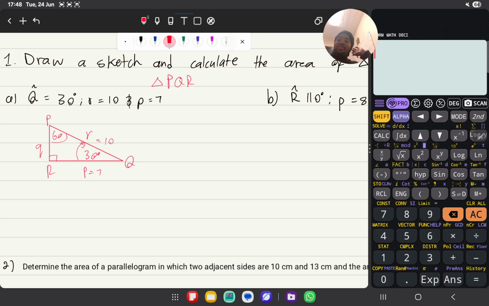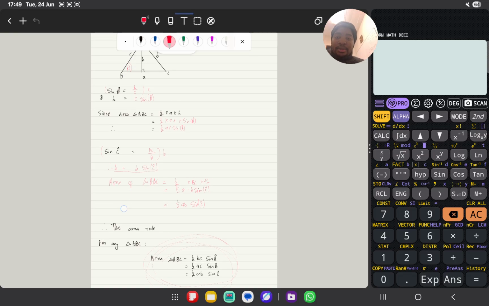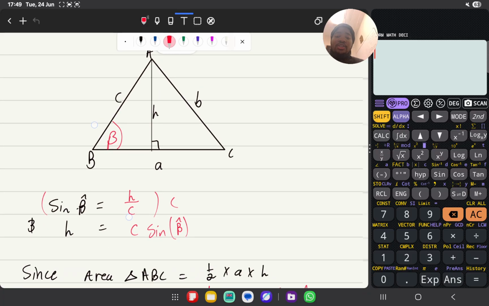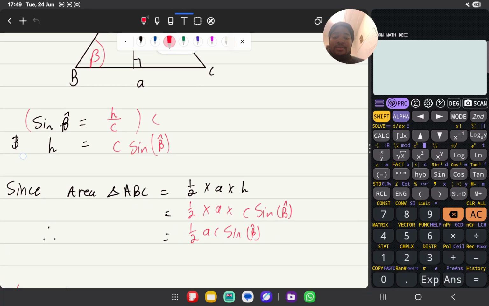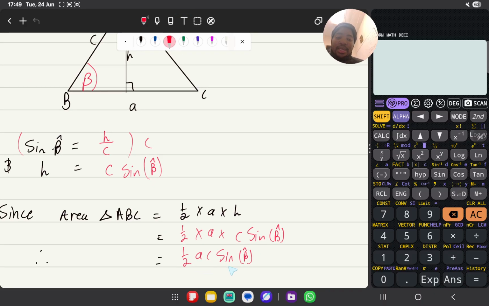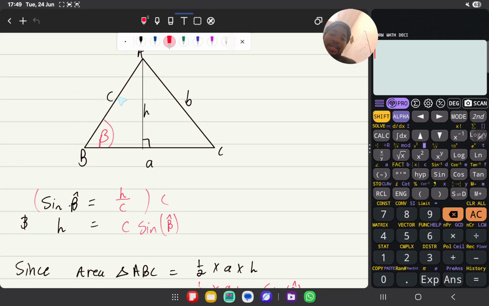Now I want to show you something I think I didn't show you. Let's go back. We did this for sine B. Here's the formula for the area of a triangle: half AC times sine of this angle.